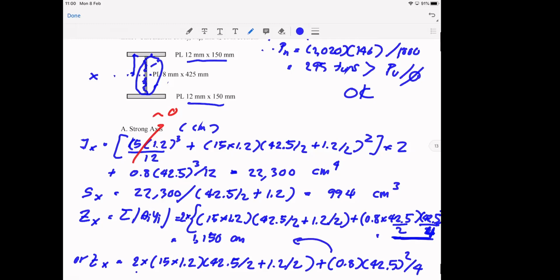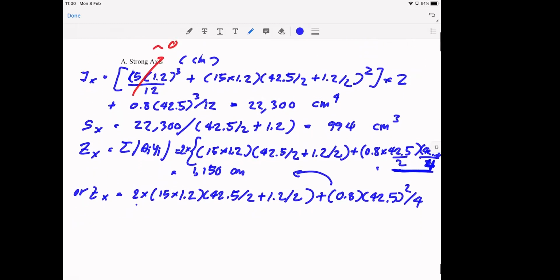Okay. So we have Sx and we have Zx. Because Fy is the same, I can go on and calculate my shape factor about the x-axis right away, which is equal to Zx over Sx, which is equal to 1150 over 994.